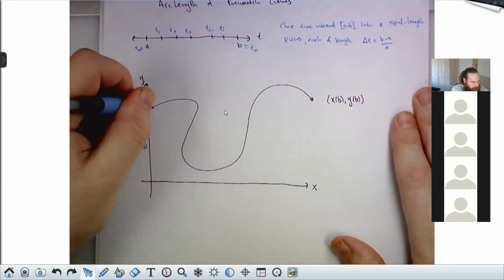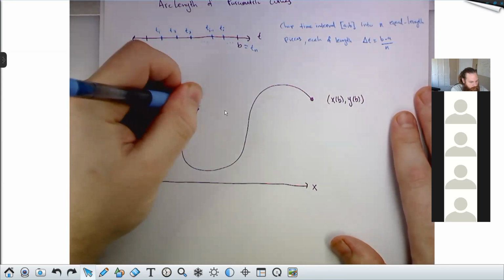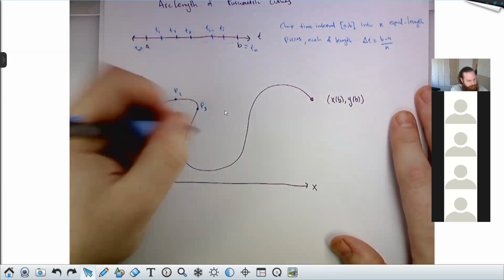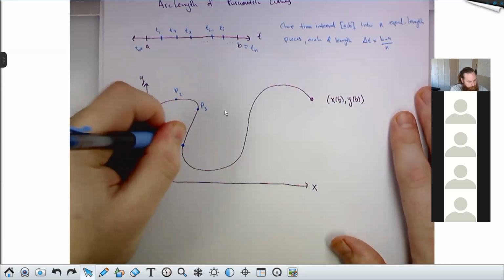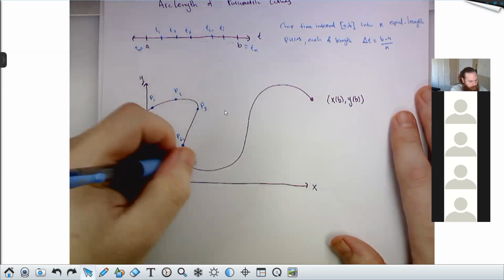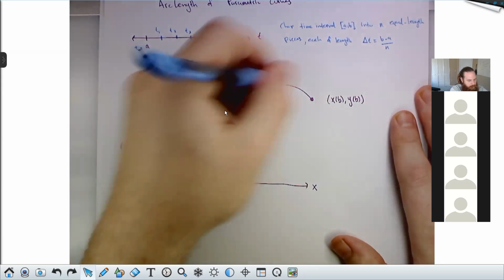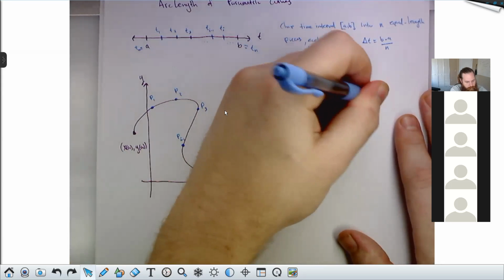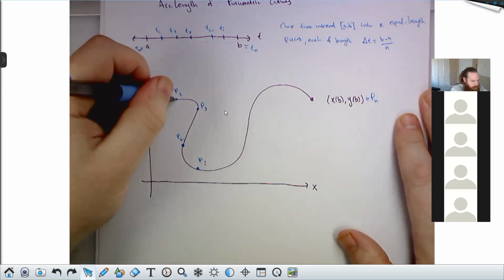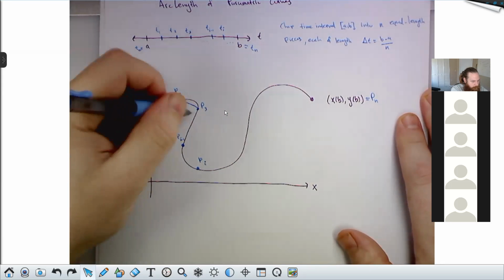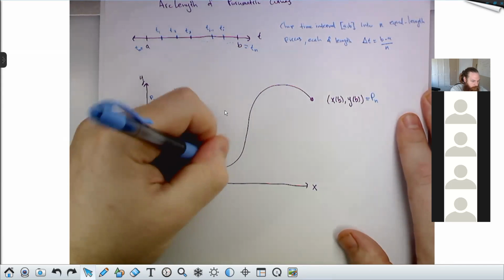I'll call them p1, p2, p3, on and on and on. Maybe over here is Pi minus 1, and over here is maybe Pi, and so on. This would be Pn. And I'm going to approximate the total length by looking at all these straight line lengths. There would be a bunch more in here.